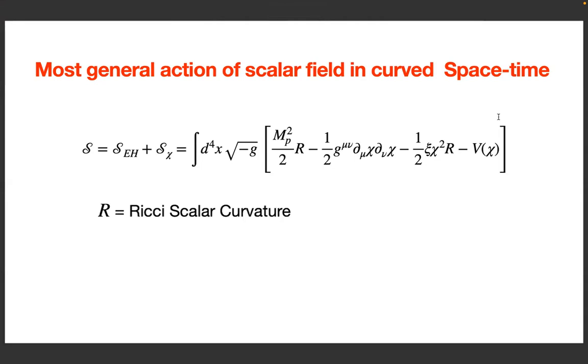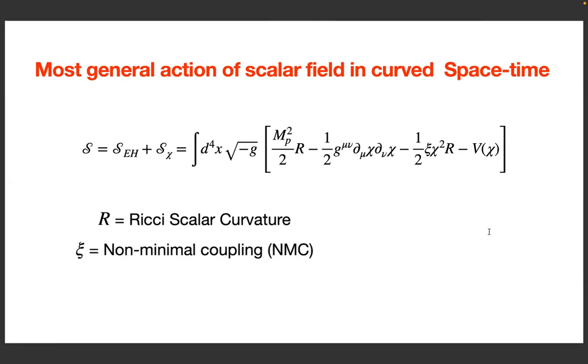Of course, R here represents the Ricci scalar curvature, and for this Lagrangian we choose to write the metric using the West Coast, as the US people like to say, metric, which is the mostly positive metric signature. And in this case, ξ represents the strength of the non-minimal coupling.